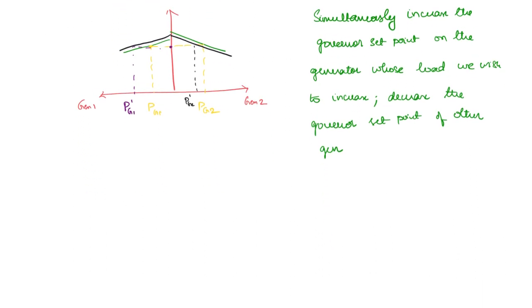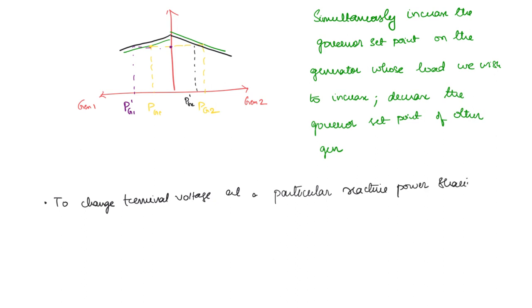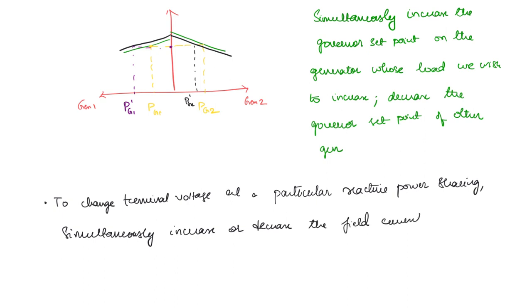Similarly, if we want to change the terminal voltage, then you have to simultaneously increase or decrease the field currents. To change terminal voltage at a particular reactive power sharing, simultaneously increase or decrease the field currents of the generators.